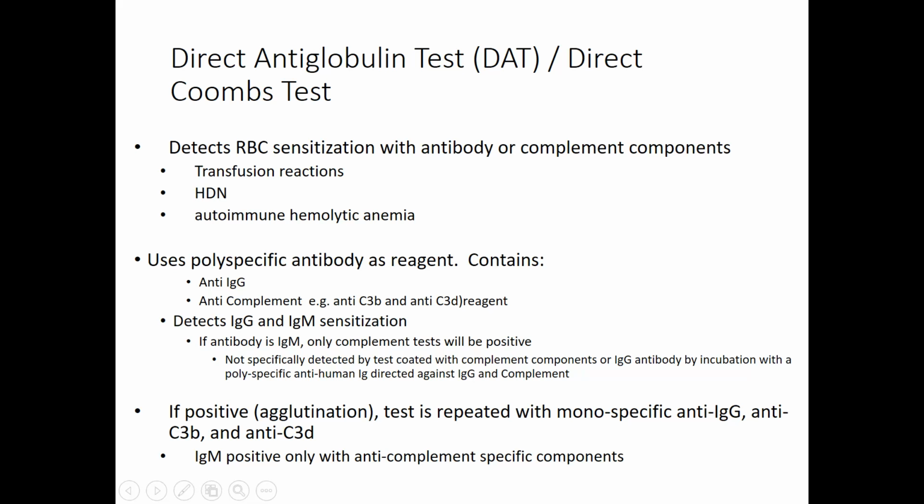And you're like, well, how do I detect IgM sensitization? Both IgG and IgM activate complement and cause complement to fix onto a red blood cell. So because IgG and IgM both cause the action of complement, we can indirectly, in a way, find out that there is IgM sensitization.